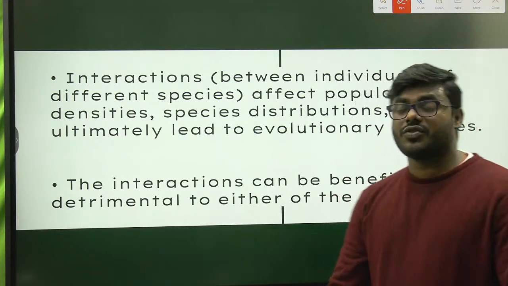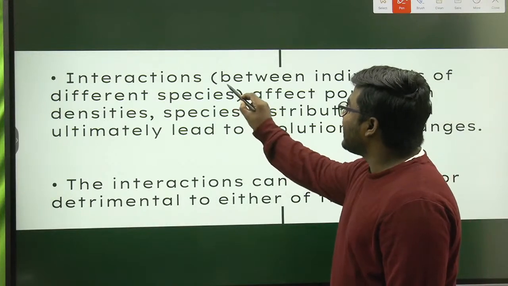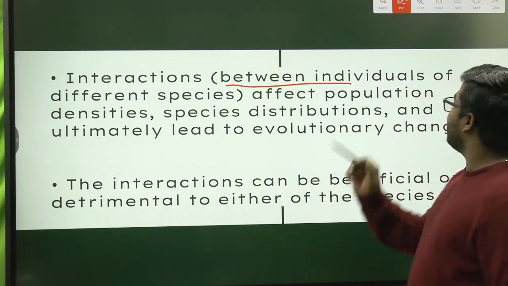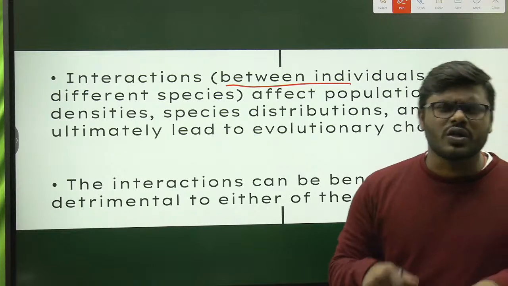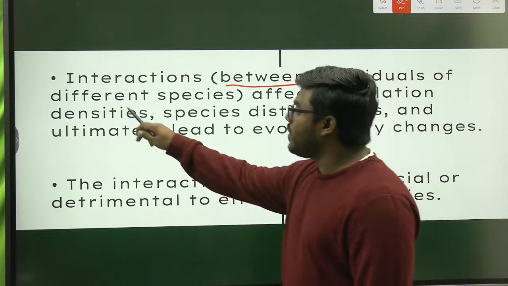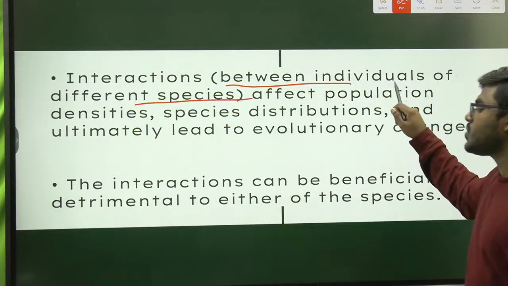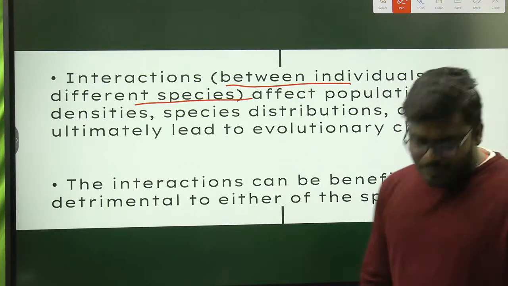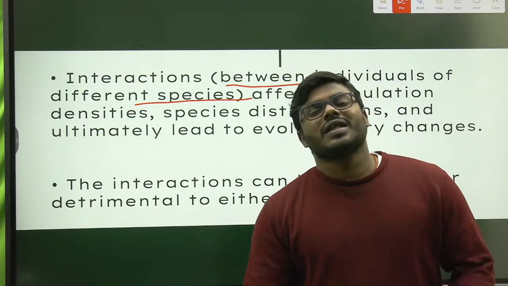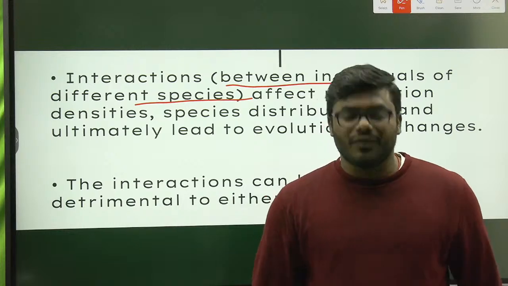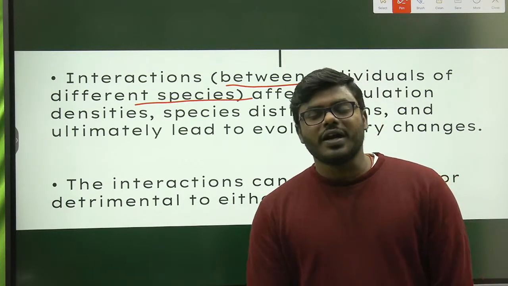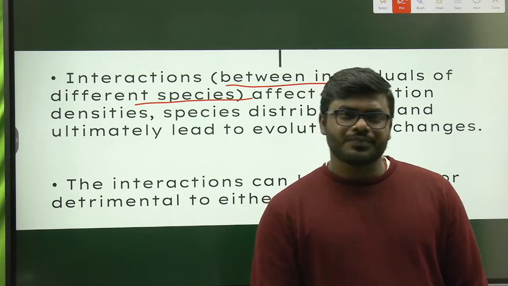So everyone pay attention from now. Interactions will occur between individuals of the same species, and also between individuals of different species. Now you can ask me a question: when competition occurs, which is a type of interaction, will it always be harmful?